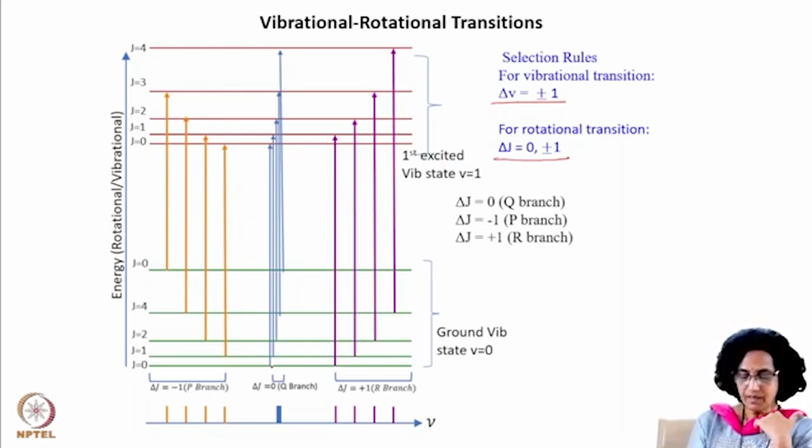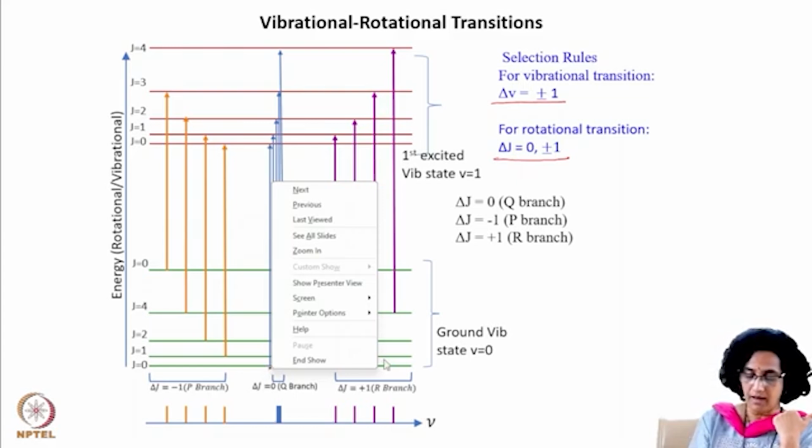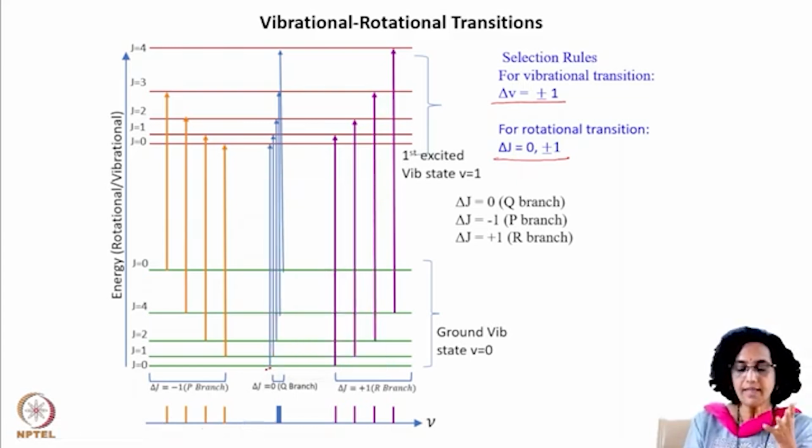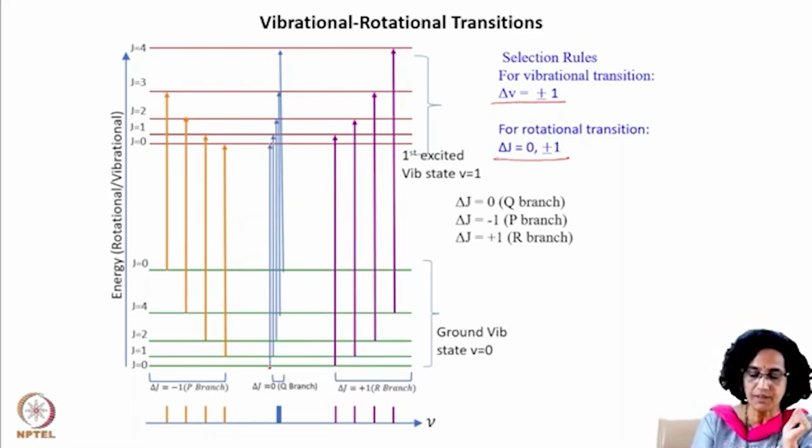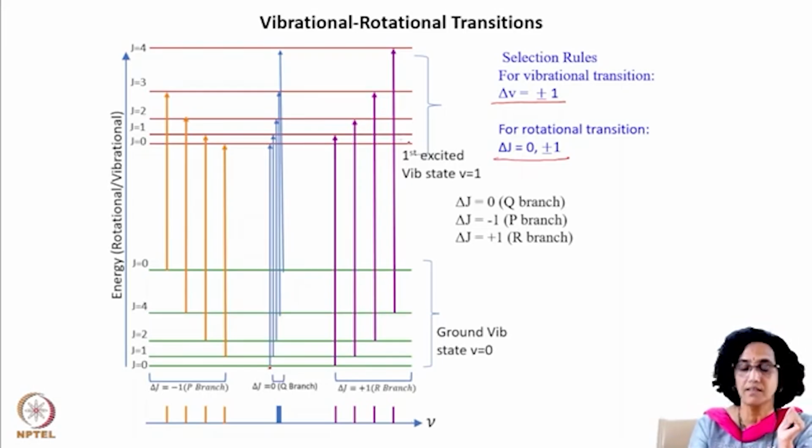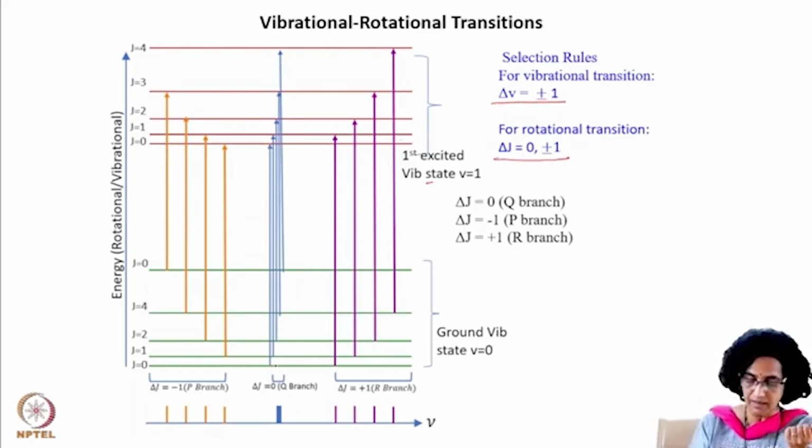Suppose this molecule is in J equal to 0 in the ground vibrational state, and it is shown with photons which can take it to J equal to 0 of the first excited vibrational state. Then it can absorb and go to the upper. Similarly, a molecule in J equal to 1 can go to J equal to 1 of the upper vibrational level. Delta J is equal to 0. Similarly, one in J equal to 2 can go to J equal to 2 here, right?